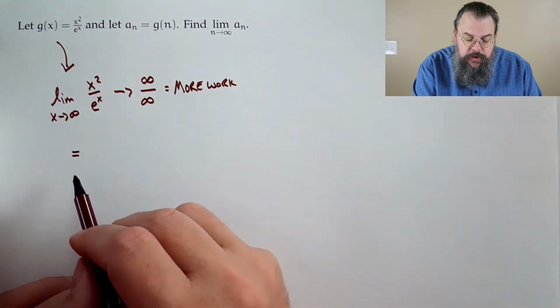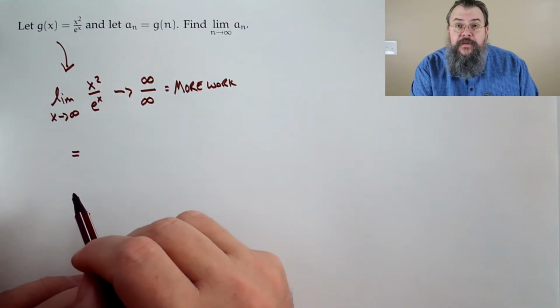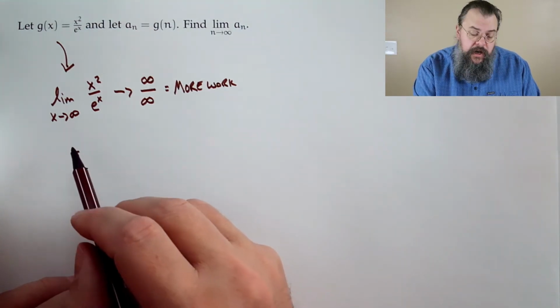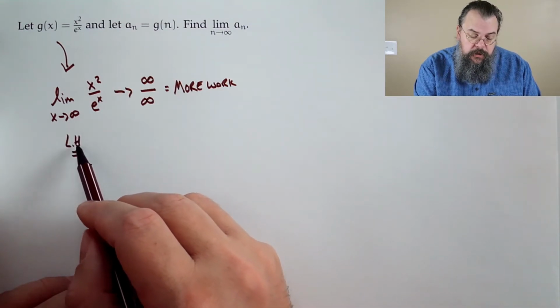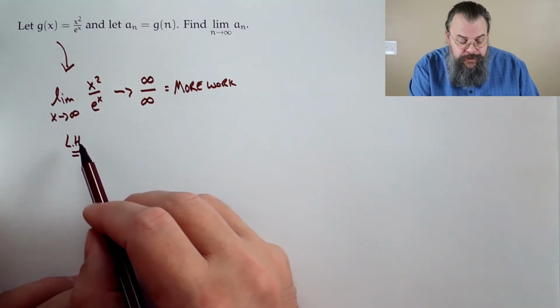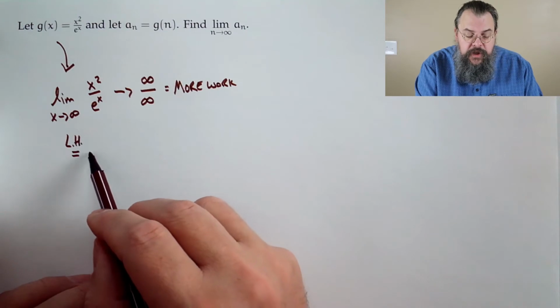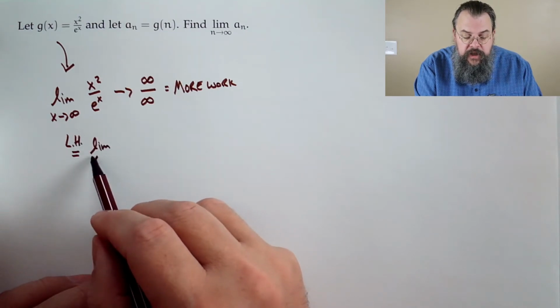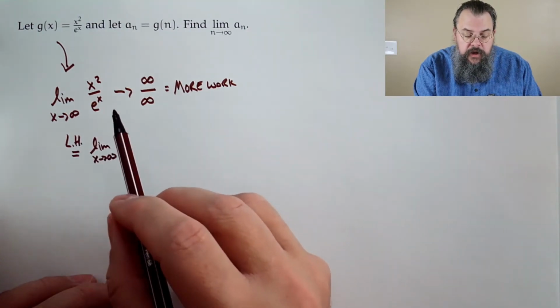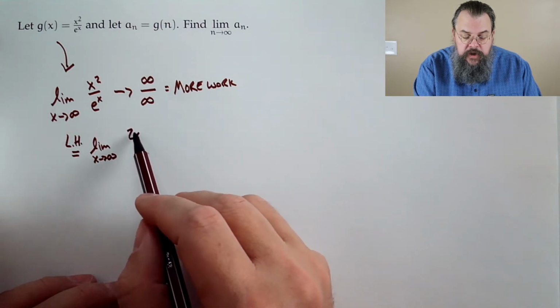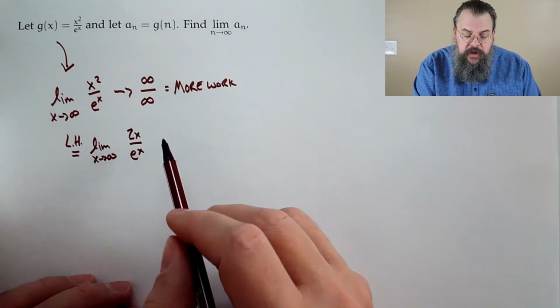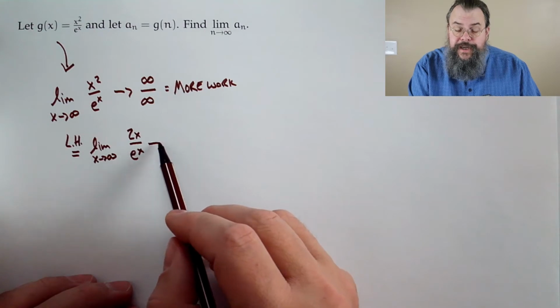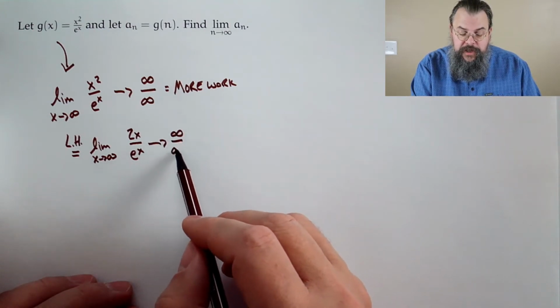Now, the best way to do more work here is to take advantage of l'hôpital. Ah, l'hôpital, mon ami. So what does l'hôpital have to say about this? This is the limit as x goes to infinity. Take the derivative of the top over the derivative of the bottom. Now here we get infinity over infinity.